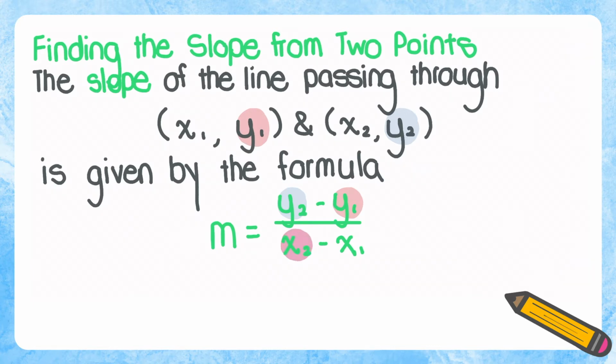Similarly, x sub 2 is the x value of your second point, and x sub 1 is the x value of your first point. So the idea remains the same, where we do rise over run, or the change in y over the change in x, but instead of looking at a graph, today we're going to plug in values given some points.